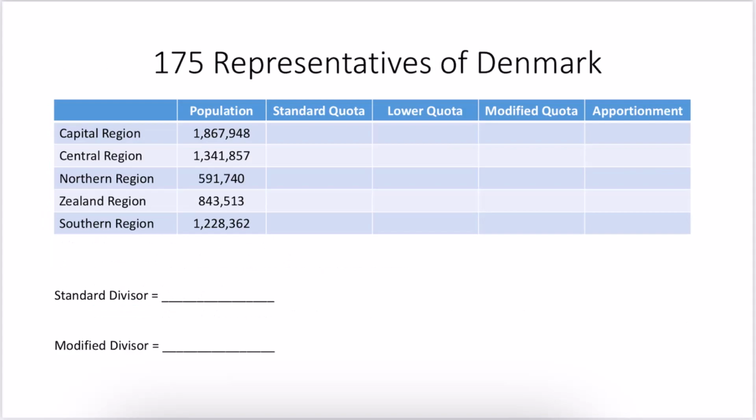So as an example, let's use this same example of Denmark and look at how Jefferson's method would be different than Hamilton's method. Since we've already done all of the calculations for this example, I'm just going to go ahead and copy this down from what we did in the last video. To find the standard divisor, you start off by finding the total population.